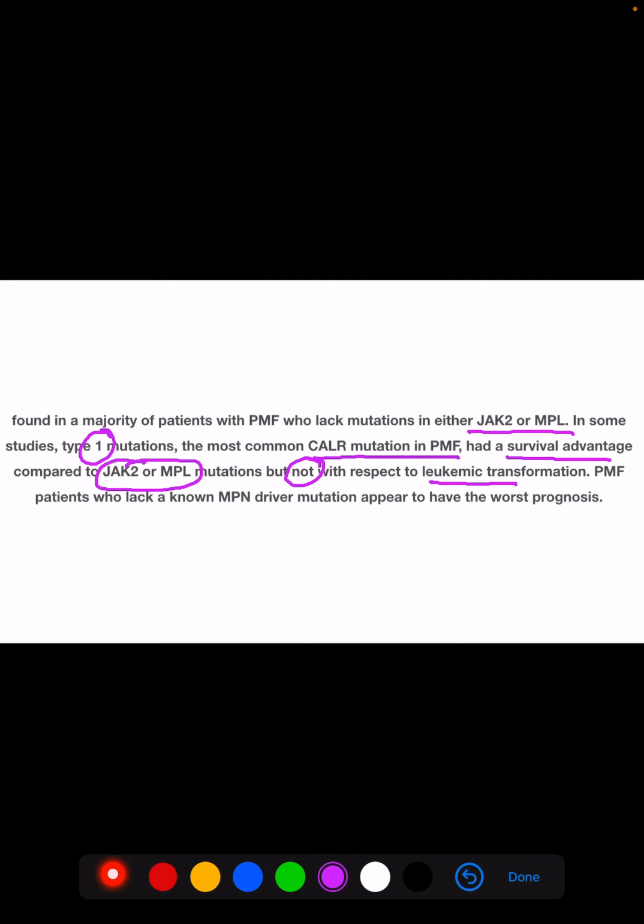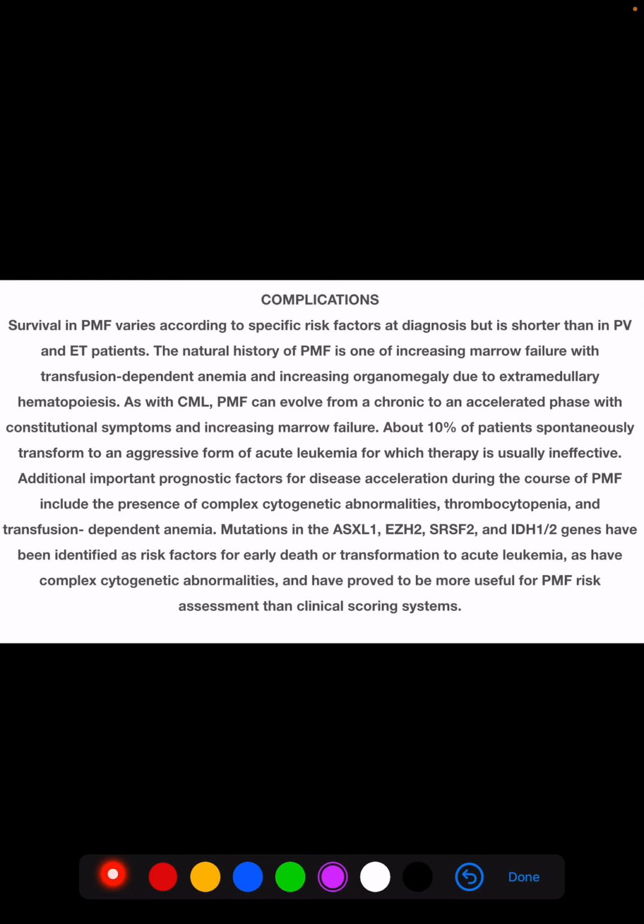Primary myelofibrosis patients who lack a known MPN driver mutation appear to have the worst prognosis.